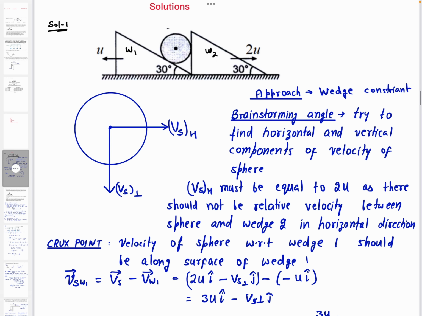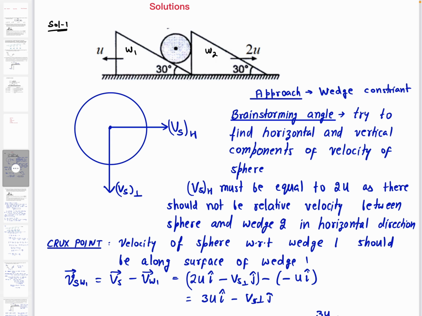It is based on wedge constraint, and we should try to find the horizontal and vertical components of the velocity of the sphere. Wedge constraint: we know if any two rigid bodies are in contact, then there cannot be any relative motion in a direction normal to the contact surface. So perpendicular to the contact surface, there cannot be any relative motion. That is the wedge constraint.